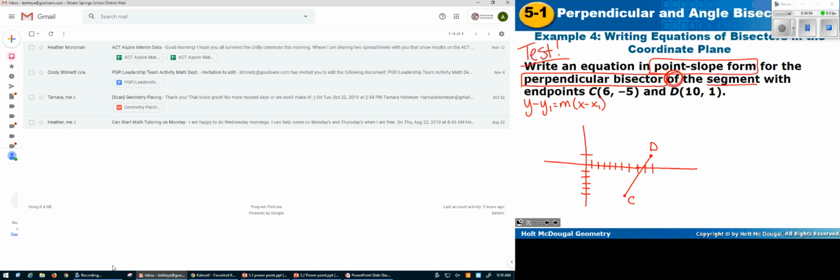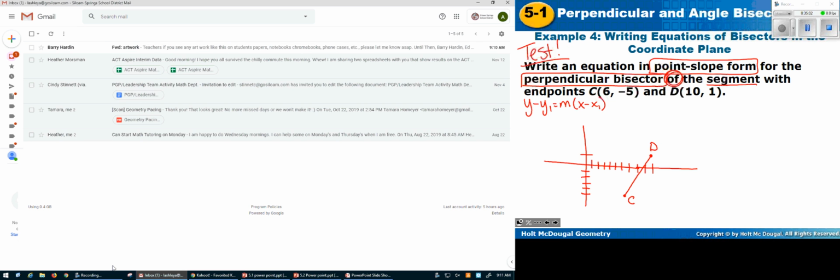Where I see a lot of students make a mistake is they write an equation for CD. Did it say write an equation of the segment CD? No, it said write an equation of what? Of the perpendicular bisector of this segment CD, right? So basically what that means, if you think about up here on the board, they're giving us the black line and they're wanting us to come up with the equation for the green line, the perpendicular bisector, right?